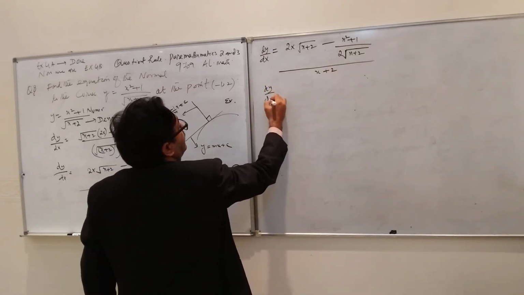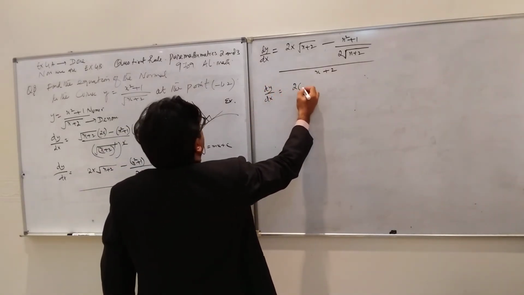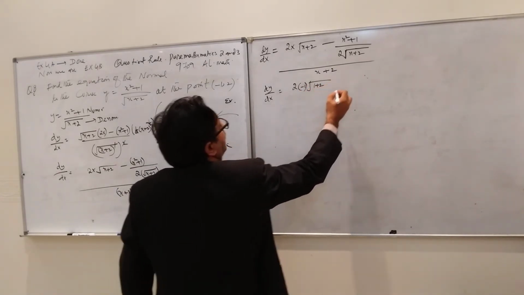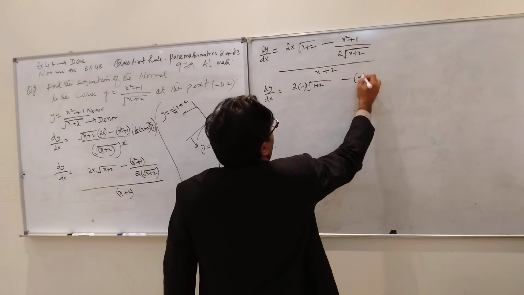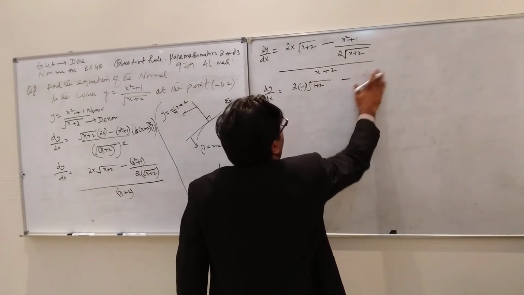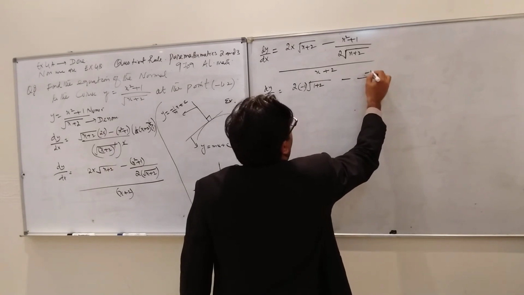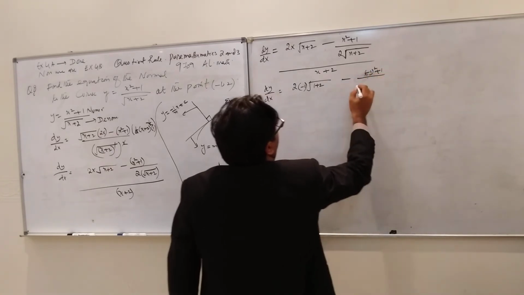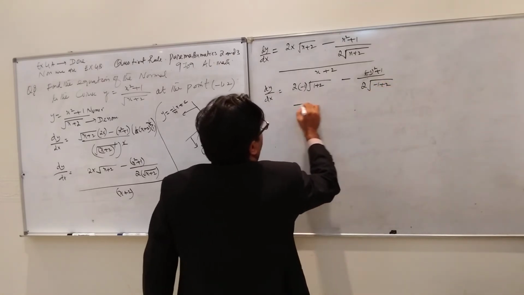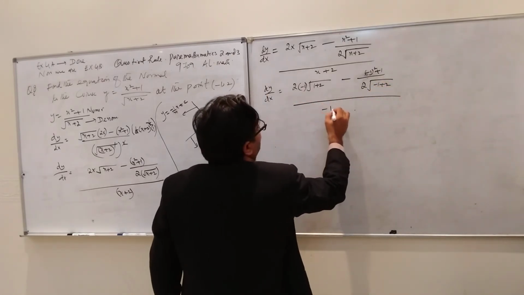So dy/dx is 2 into minus 1 and minus 1 plus 2, then minus (minus 1)² plus 1 divided by 2 into minus 1 plus 2, and divide the whole thing by minus 1 plus 2.